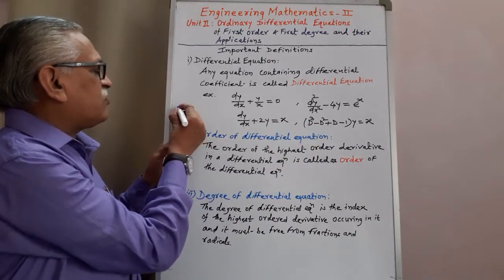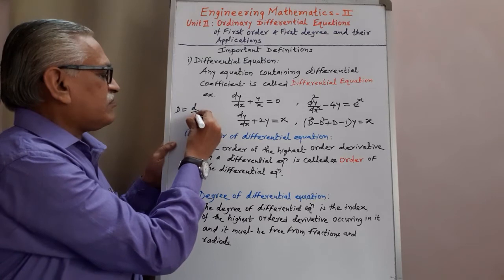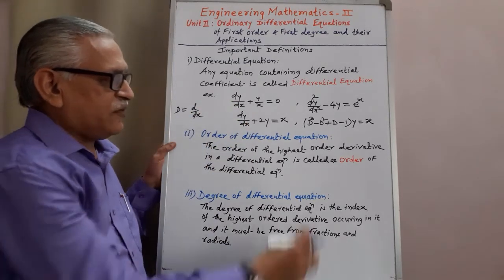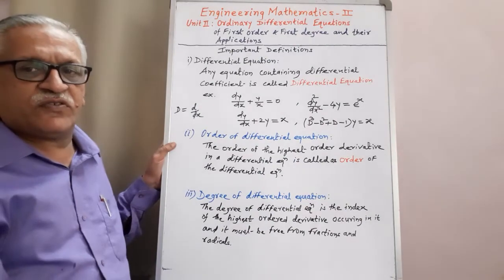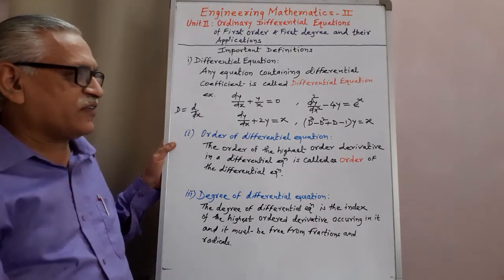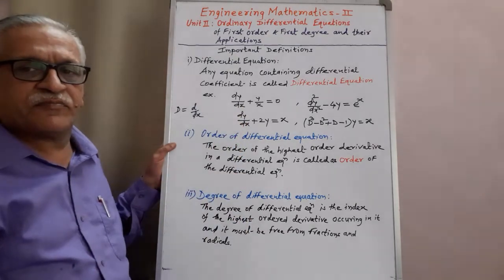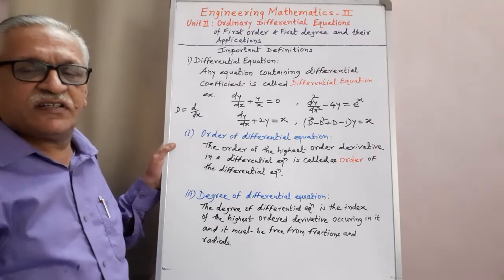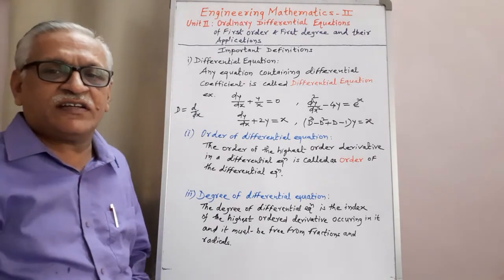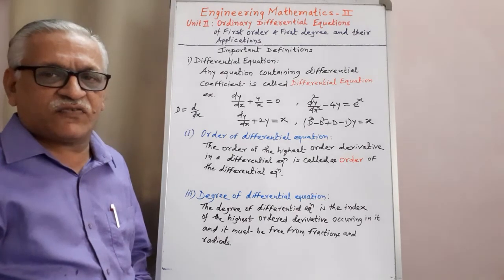Capital D stands for the operator d by dx. Therefore, this equation is containing 1, 2, 3 terms of derivative, and that's why it is a differential equation. And all the derivatives are ordinary type, and that's why it is called as ordinary differential equation. And if any equation containing partial derivatives, then it is called as partial differential equation.